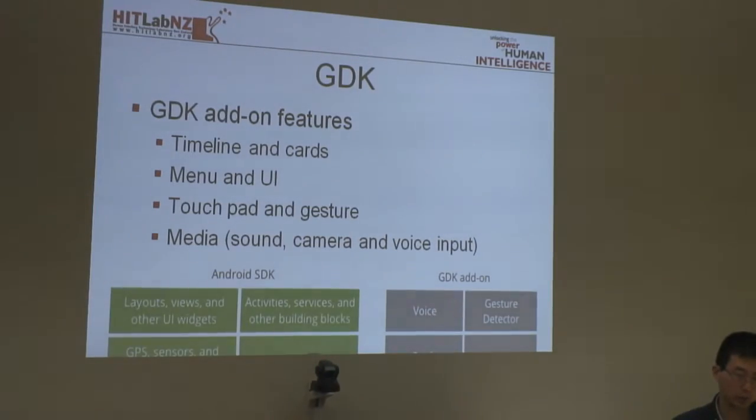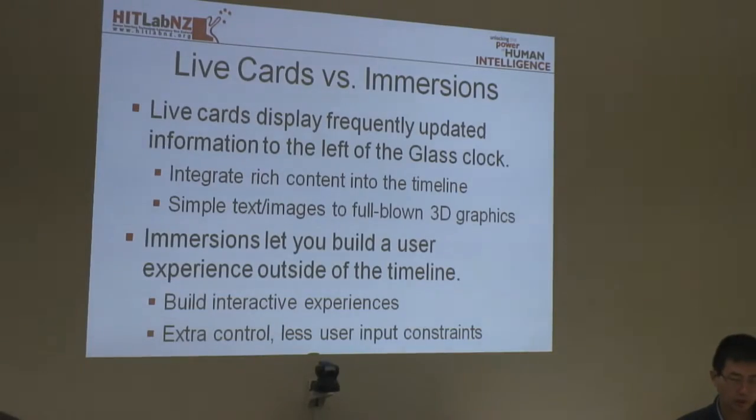You can just call those classes, and it will make the UI consistent with the timeline UI. It also provides some gesture recognizers that might be specific to Google Glass, and some small additional classes for accessing some of the devices on the Glass.